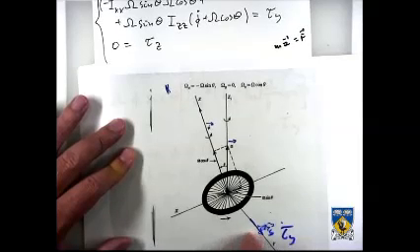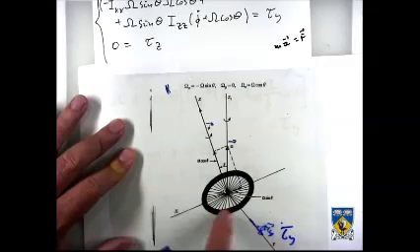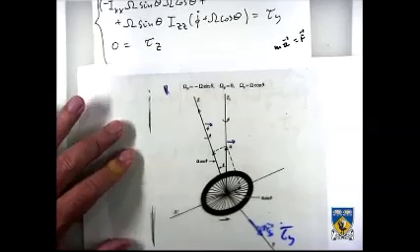Somebody or something must be sitting there and acting with this moment on the gyro. This is the moment acting on the gyro.